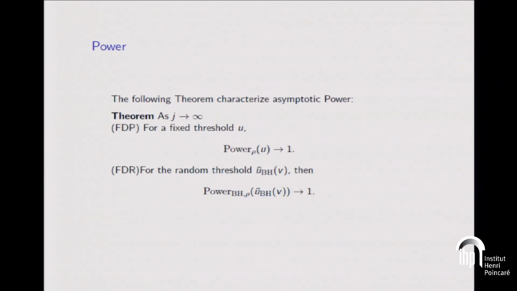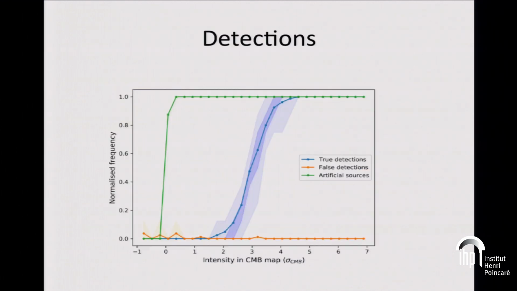The second result is that when you go to very high frequencies, so you allow J to get larger and larger, so you allow the maps to see higher and higher multipoles, eventually you see all sources. These are theoretical results that may not convince you, but maybe the simulations will be more illuminating. These are realistic models of point sources at different intensity, defined in terms of signal to noise.